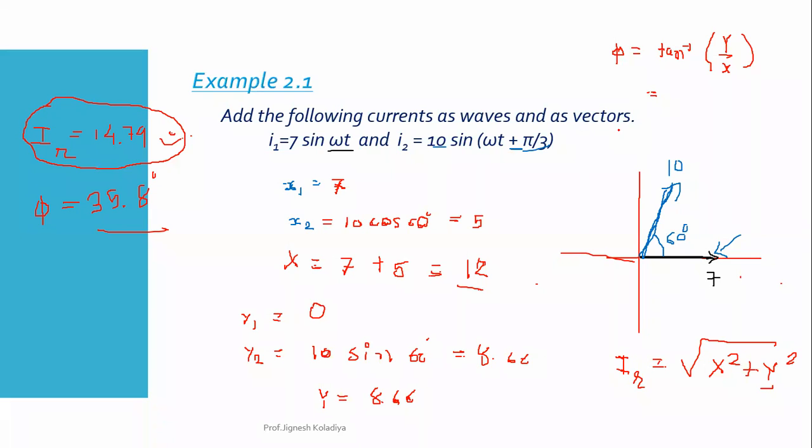Getting angle? Tan inverse 8.66 upon 12, that is 35.8, right? Yes, so by using this XY component method, also I'm getting the same answer.